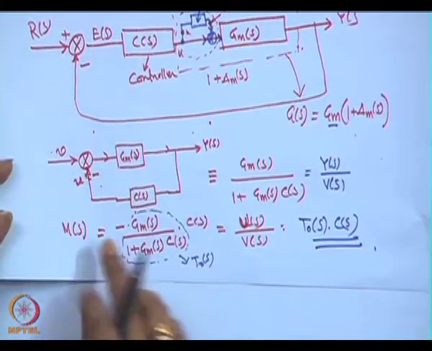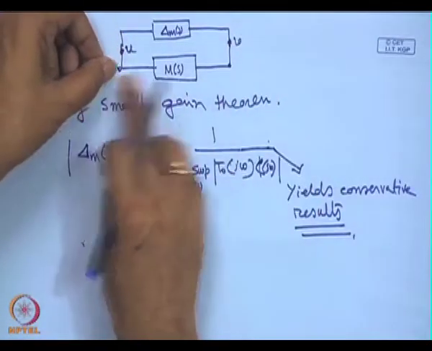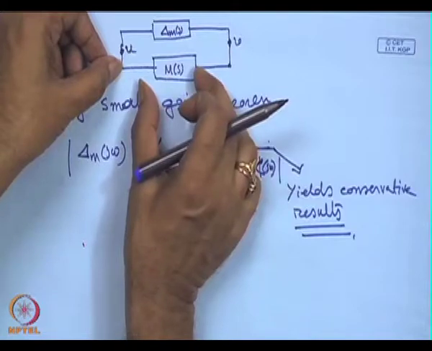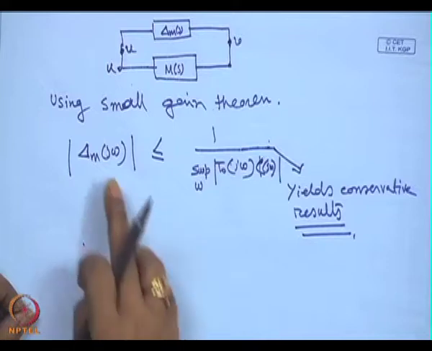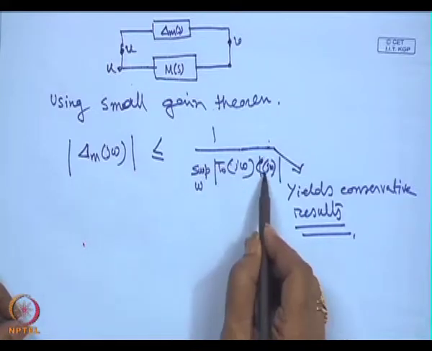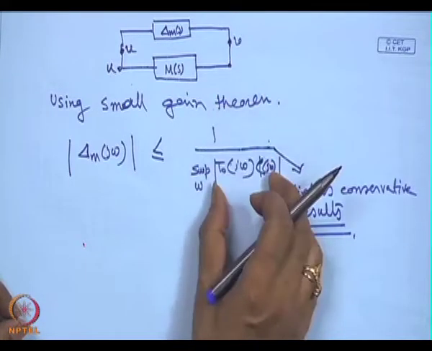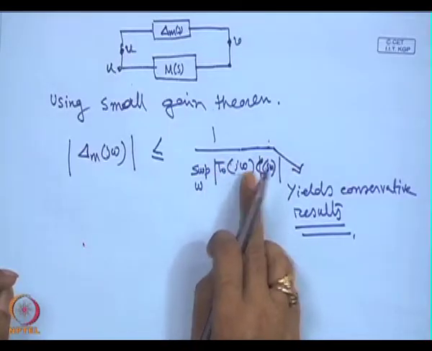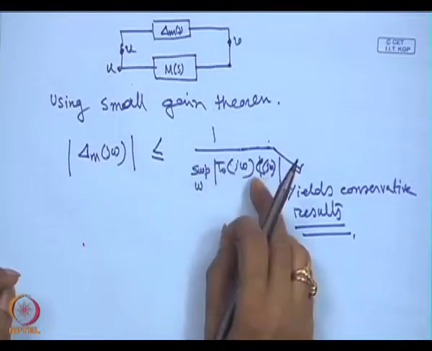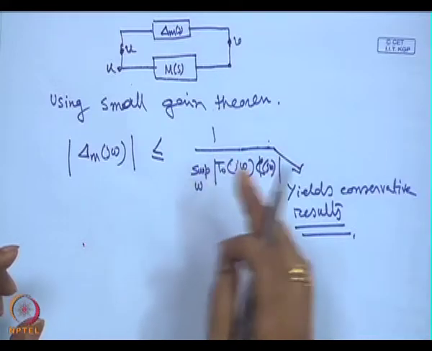Then we replace this with the block transfer function between V and W, we kept it. Then we apply the small gain theorem, and we found that the absolute value of T 0 s C s is bounded by the reciprocal over all frequencies. Then which frequency will we consider? For what frequency the numerator and denominator will give the maximum value, the supremum of that one for W varying from 0 to infinity.